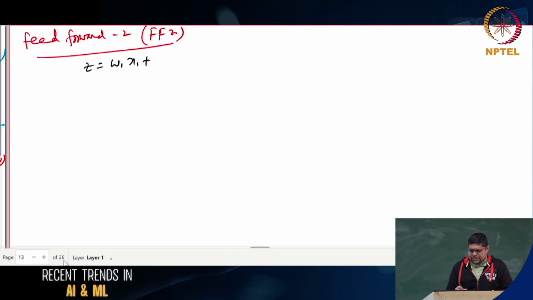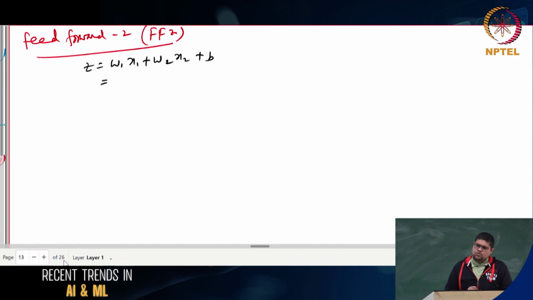Z equal to W1 x1 plus W2 x2 plus B. What are my W1 and W2? No change, right?